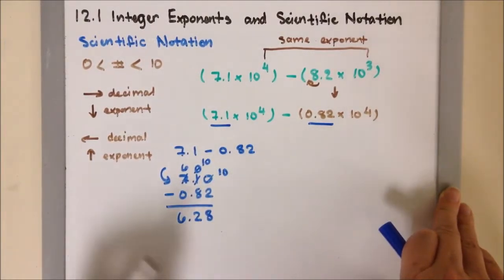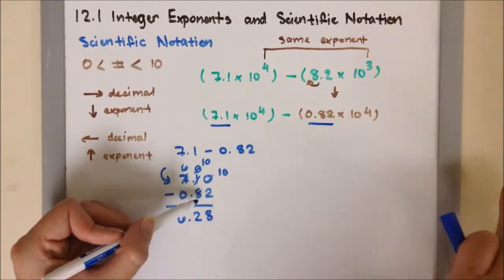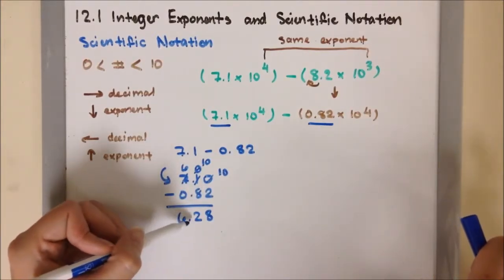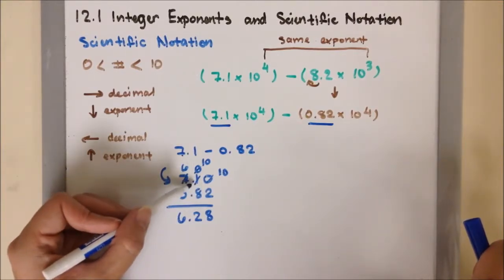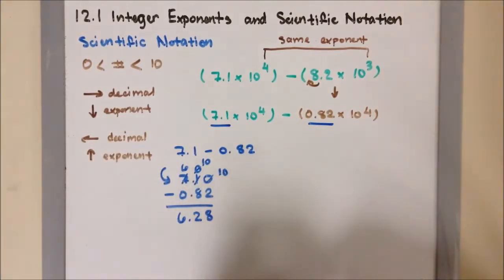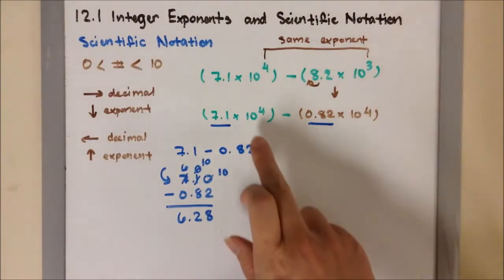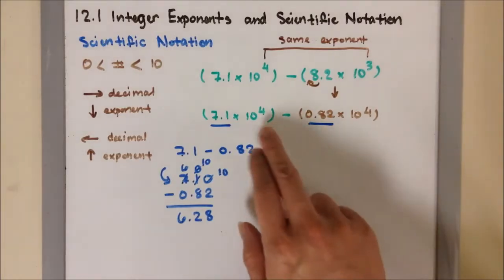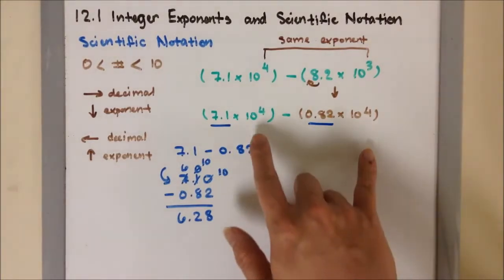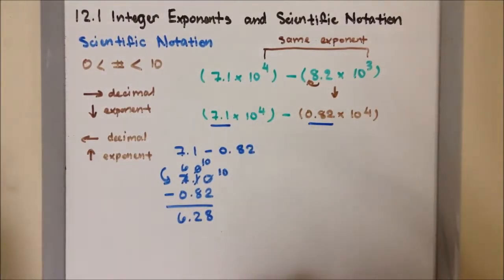Now if you want to double check, you can add 0.82 with 6.28 and you should get 7.10 or 7.1. And again, we're not messing with 10 to the 4th because you only mess with the exponent when you're multiplying or dividing. When subtracting, we keep it the same.